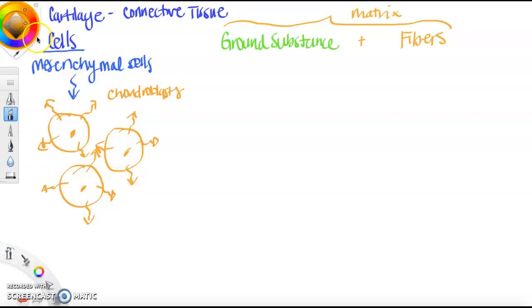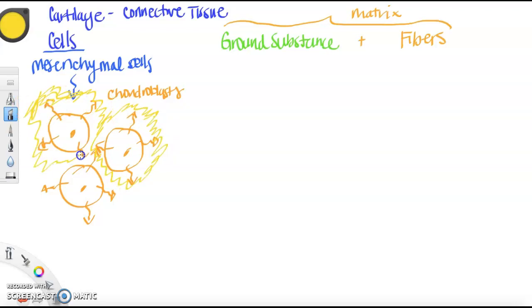And as they do that, they are enclosing themselves inside their matrix. So they're basically secreting themselves into a hole. So they're trapped. And these little areas of entrapment with these cells in them become their home.